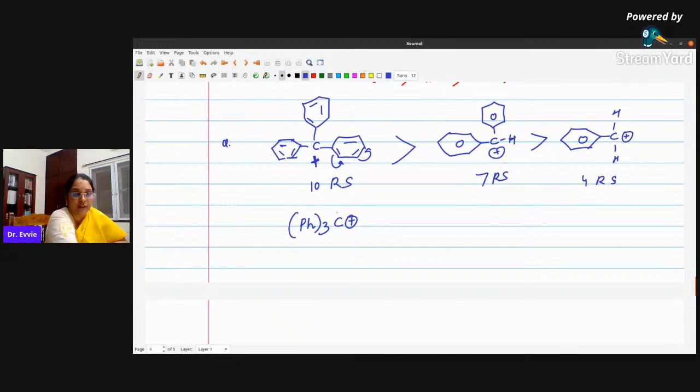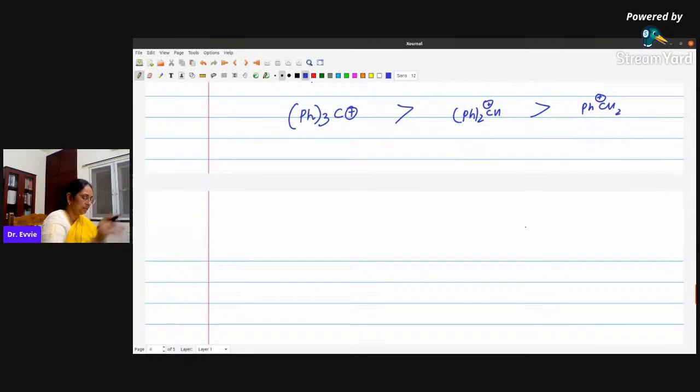They don't always have to draw the ring. The benzene ring attached to carbon is called a phenyl group. So this is the benzylic carbocation, with 3 phenyl rings. Then here it will be Ph2CH plus, and this will be PhCH2 plus. So they can also give it like this, and you can write it like this. Now let me go to the next one.